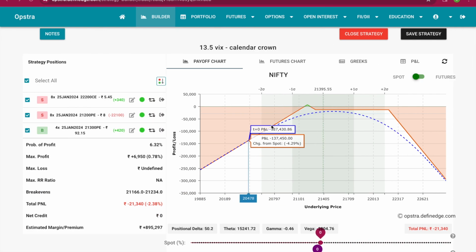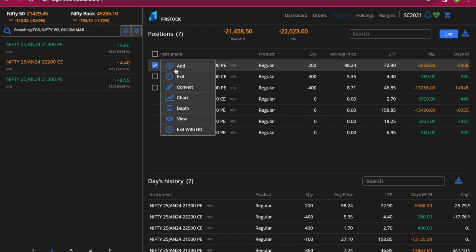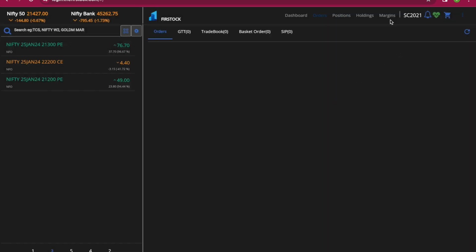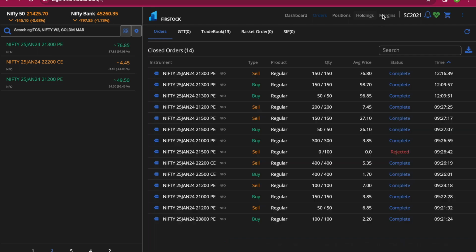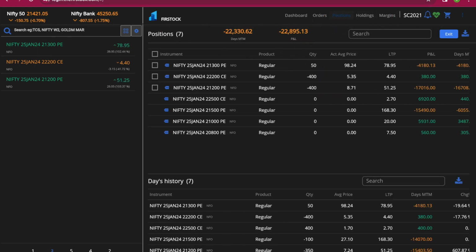So I'll exit this bought PE. I'll take the 4,000 rupees loss, and if I need it again, I'll buy this. For now I'll exit the 150 and take the loss. So margins are here, positions are here, and let's see 98.